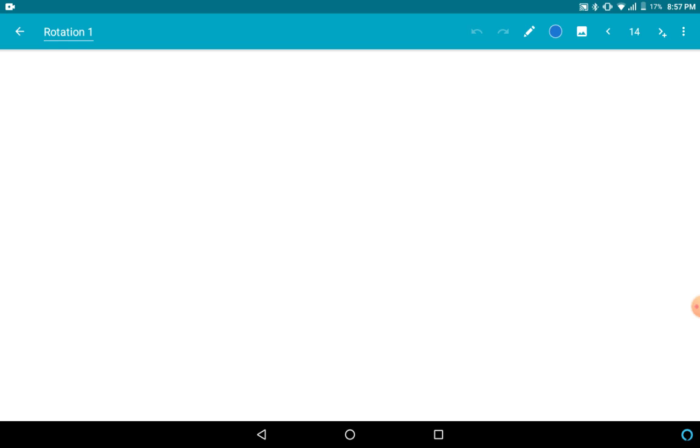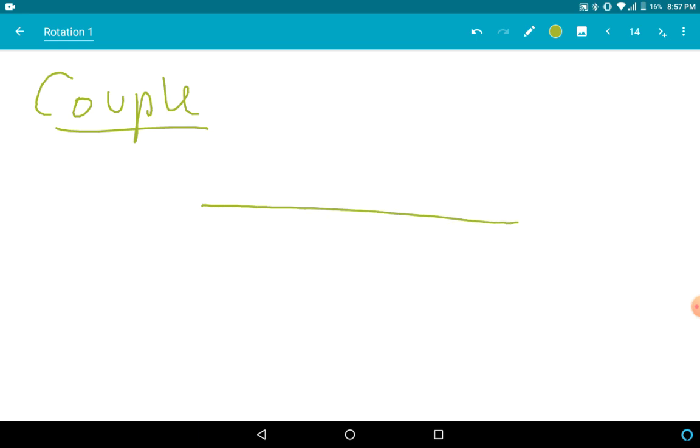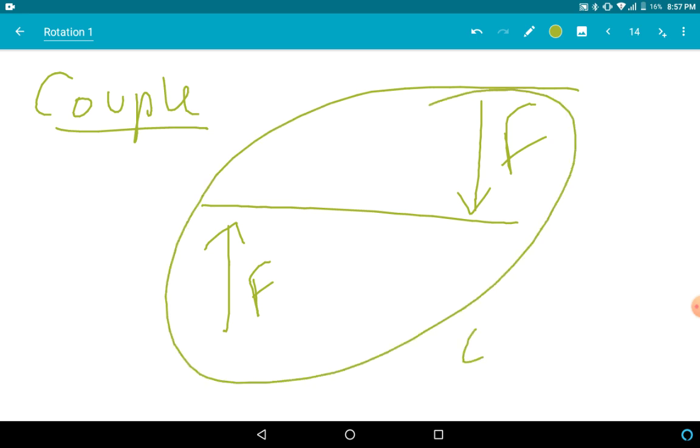Now, let's not do this now, because I'll give them all together after doing what we call the couple. This is not a romantic thing, or you can also say that. Let me introduce it to you in a romantic way. So if there is a body, and I apply two equal and opposite forces, then these two forces are known as a couple.